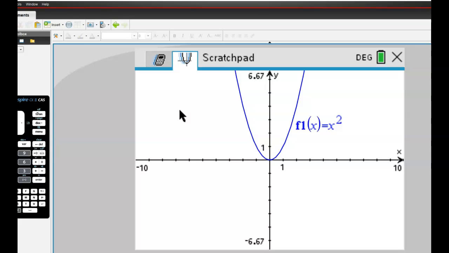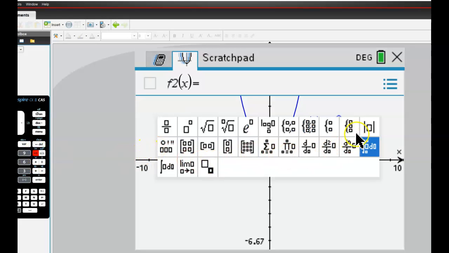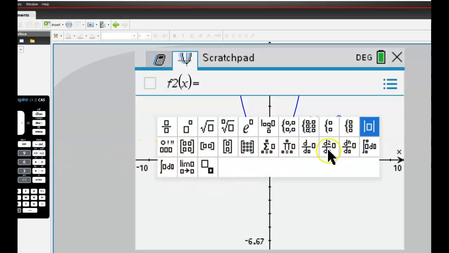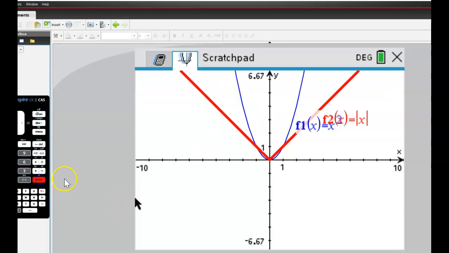And now let's take a look at the function, the absolute value of x. To get the absolute value, I'm going to go right here and put x in there, and enter.